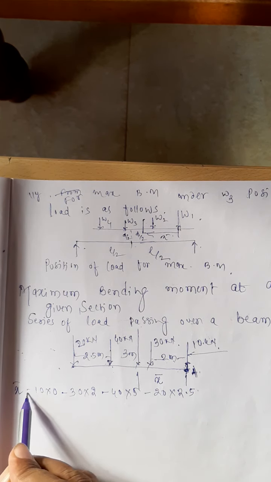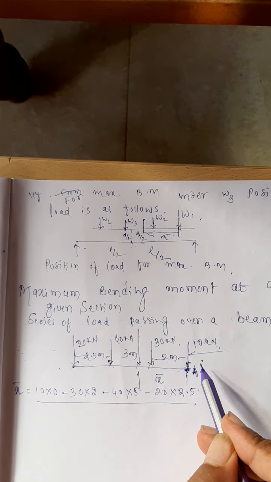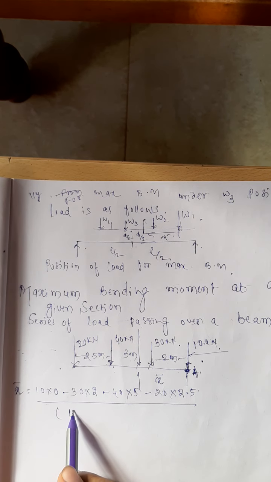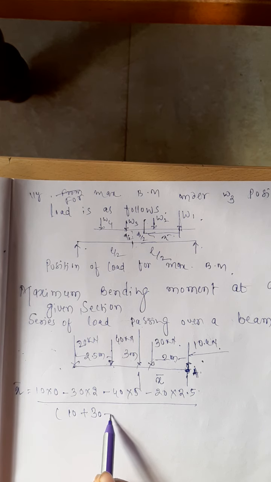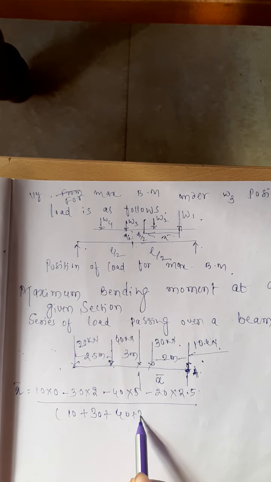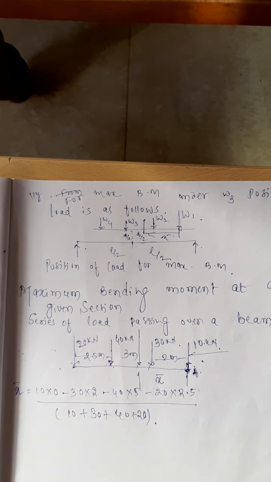Divide it with the resultant force, that is nothing but the total force, 10 plus 30 plus 40 plus 20. Guess what is the number that you are getting here?